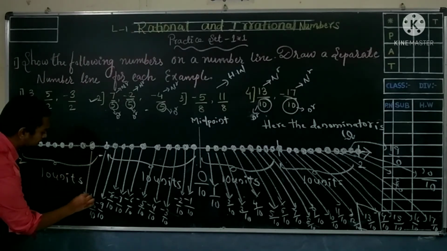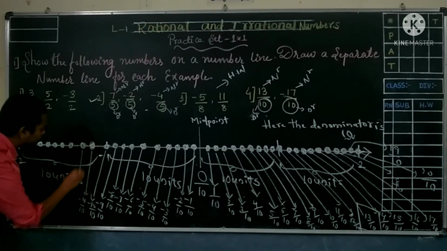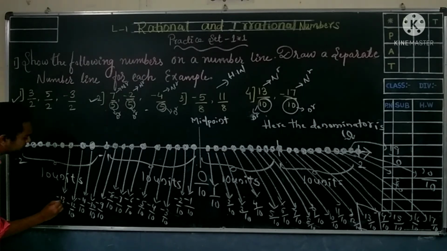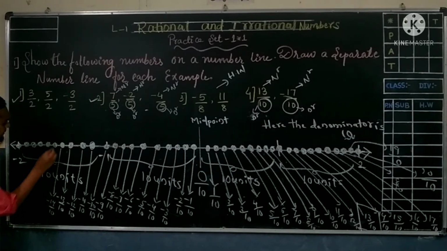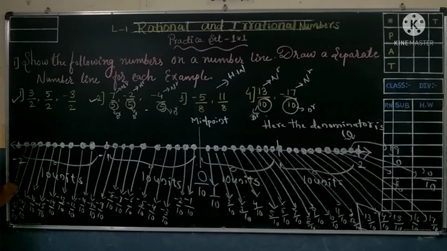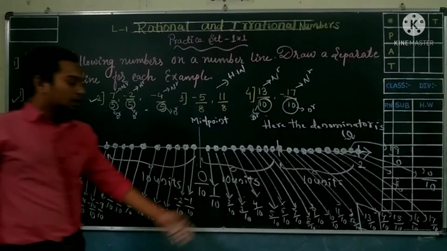The next, 11 units, 12 units, 13 units, 14 units. This one 15 units. This one 16 units, 17 units, minus 18 units. This one 19 units. This one 20 upon 10 units.